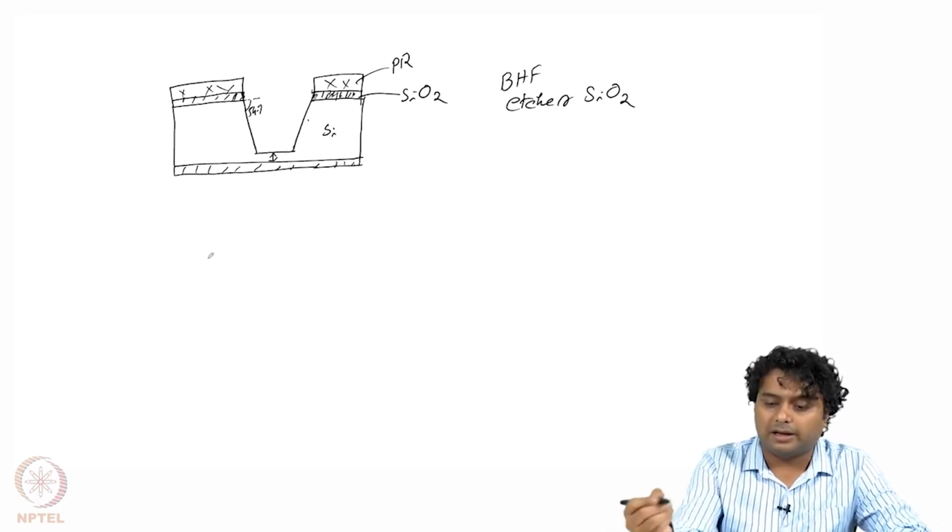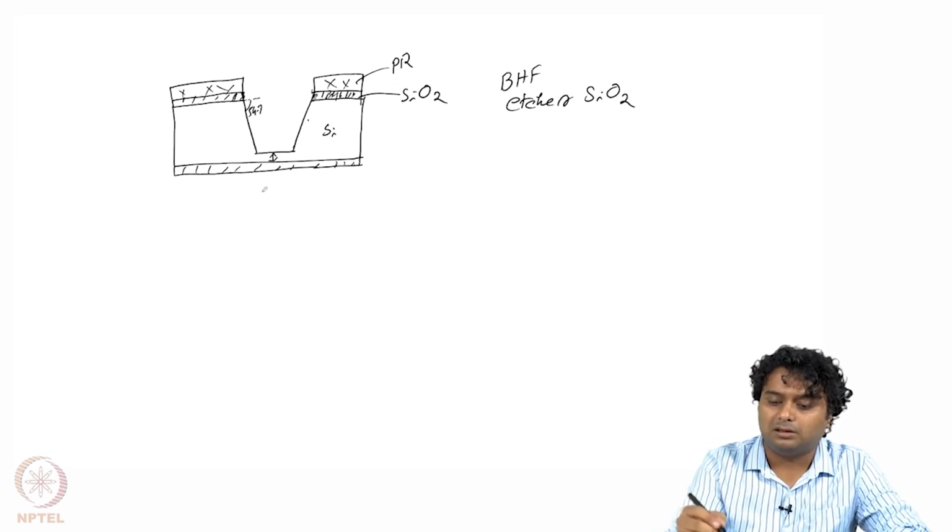Then we can use buffer HF again and acetone to strip off all the SiO2 and PR.